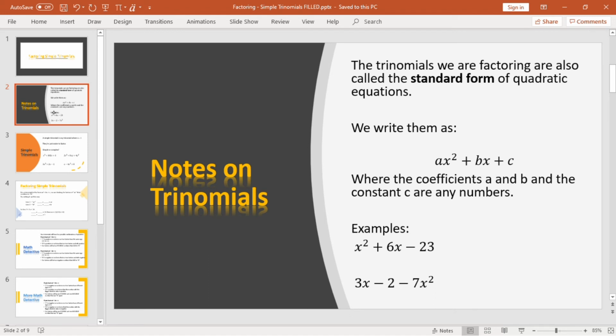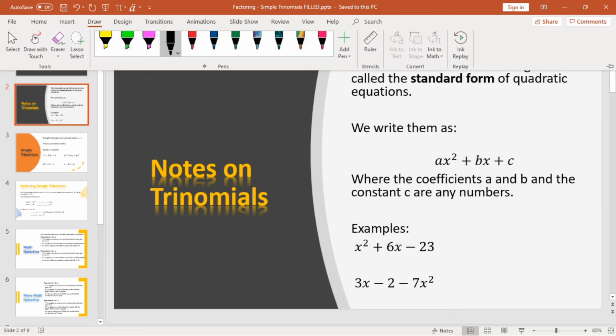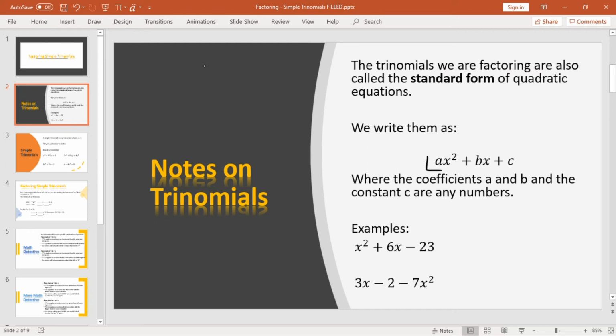So when we write the standard form, and this is important because we'll use this again, we always make them with this ax squared plus bx plus c, okay? And a, b, as well as c, can be any number. They can be minus 5, they can be plus 21, it doesn't matter. But a, b, and c represent numbers that go with variables.